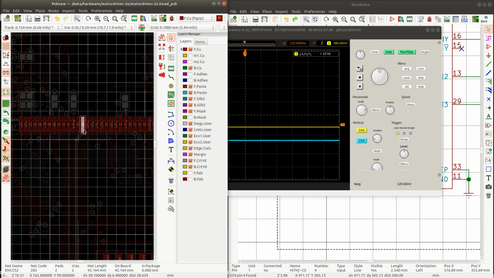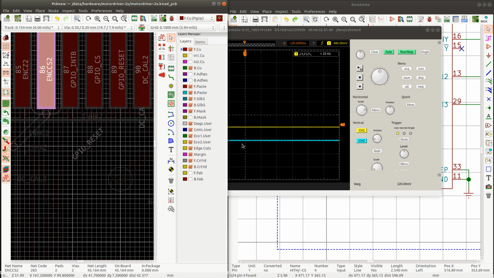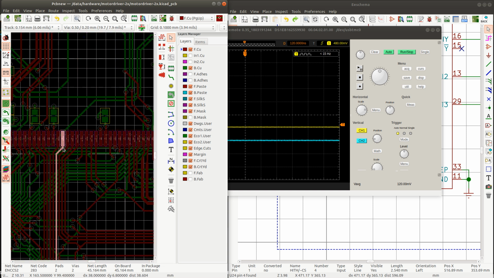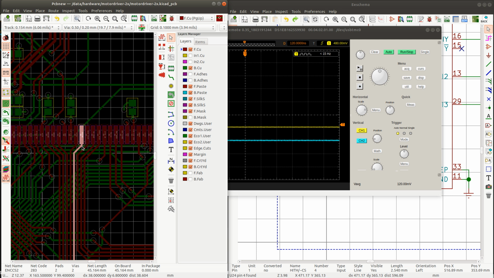So I could check if this pin is properly soldered, and is it actually even signaling anything there? So this would be the fourth trace from the side here.